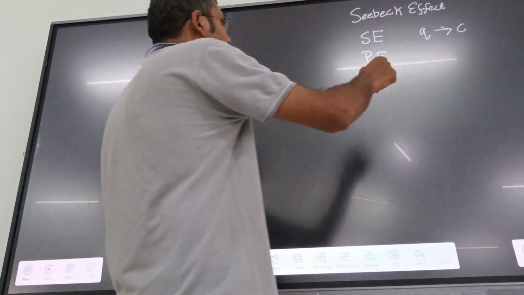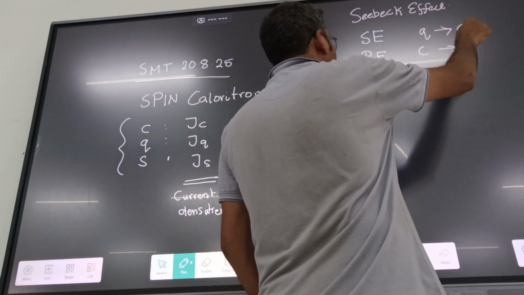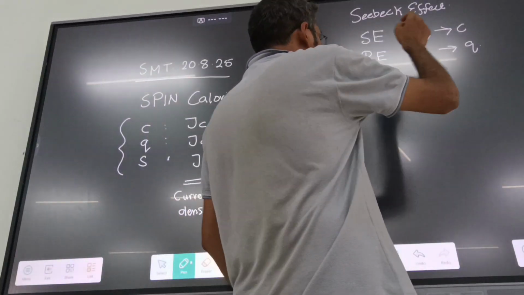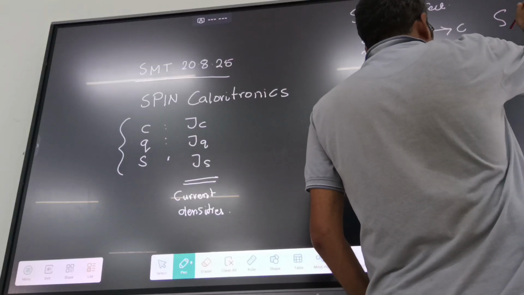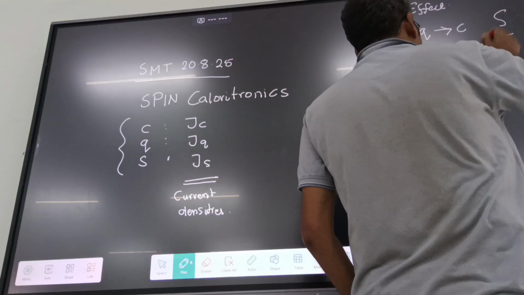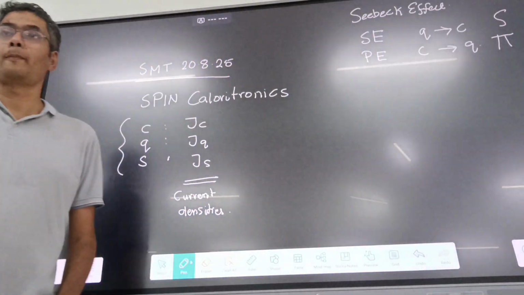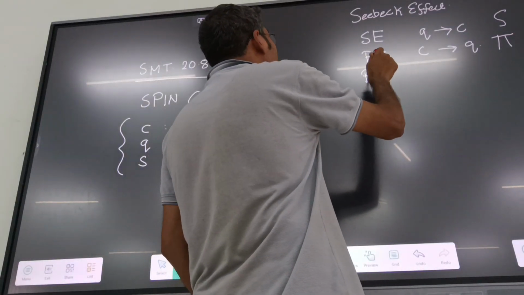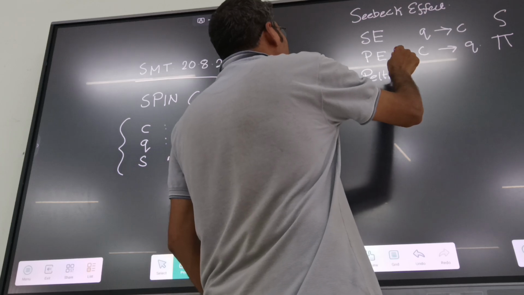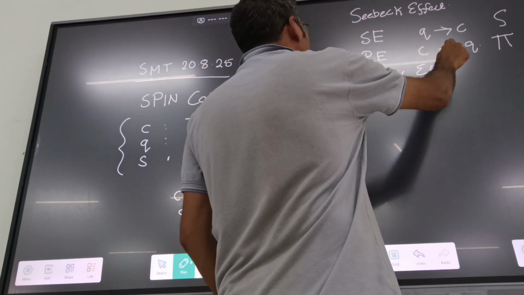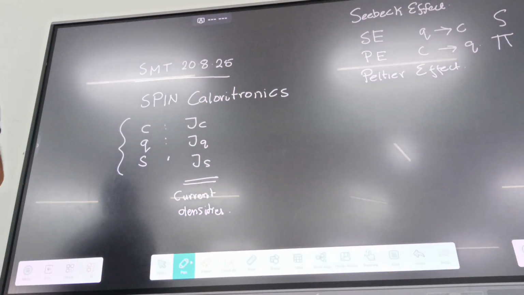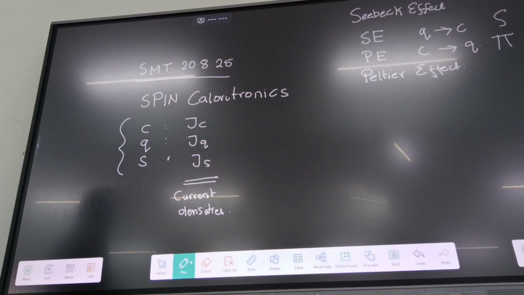What is Peltier? From charge, generation of heat. And the constant which governs the Seebeck effect is called Seebeck constant. It is called Peltier constant. S and P are the constants. S is the Seebeck constant, P is the Peltier constant.